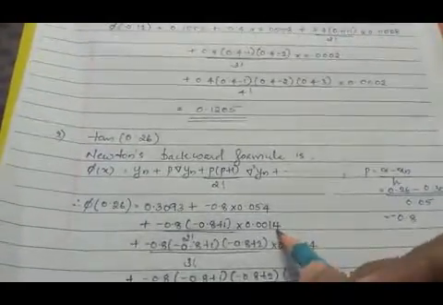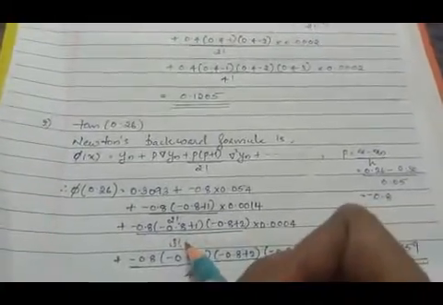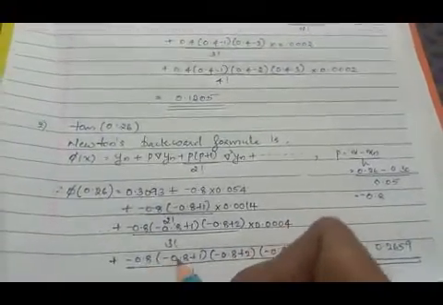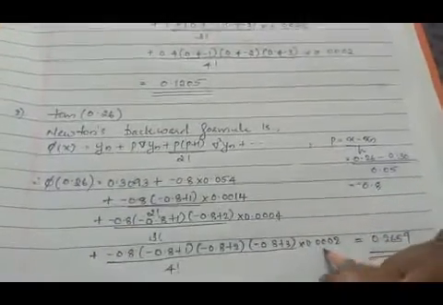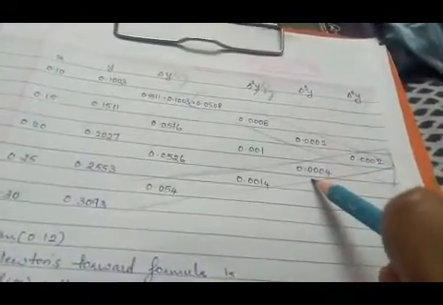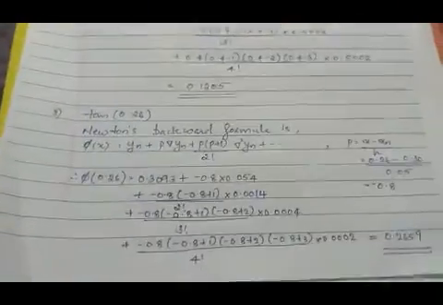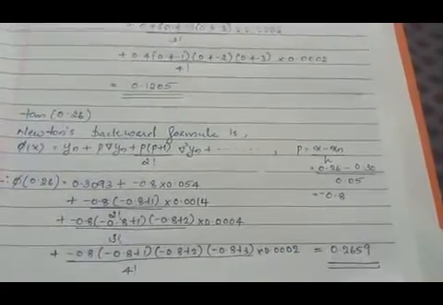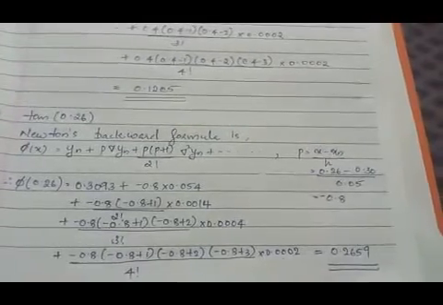That is substituted here. Then the next term will be p into p plus 1 into p plus 2 by 3 factorial into del cube yn, and the last one p into p plus 1 into p plus 2 into p plus 3 by 4 factorial into del raised to 4 yn. Those values are obtained here. Evaluating this, you will get the answer as 0.2659. So this is how Newton's forward and backward formulas are used for interpolation.